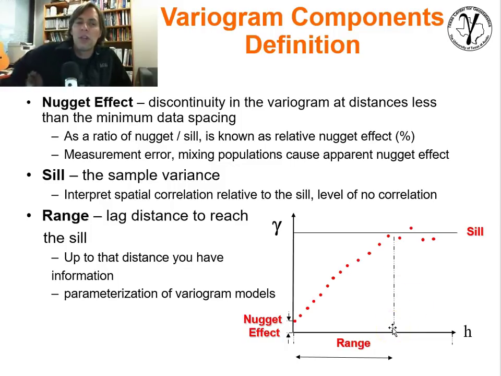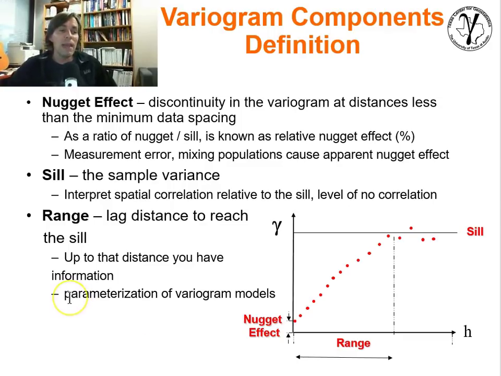It's the distance at which you no longer have any information. It's also really important because many of the variogram parametric models that we will talk about in 2 lectures from now when we talk about variogram modeling are parameterized by a contribution, the height, but also by the range, which is very useful. You can vary these models to fit different problems that have different distances of spatial continuity.